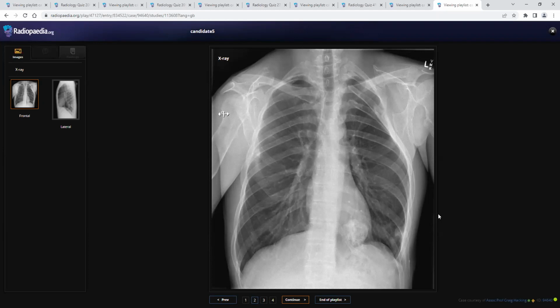Apart from that, both lung fields appear grossly unremarkable with no definite other lesion seen. Bilateral costophrenic angles appear acute. Rest of the visualized bones appear grossly unremarkable.